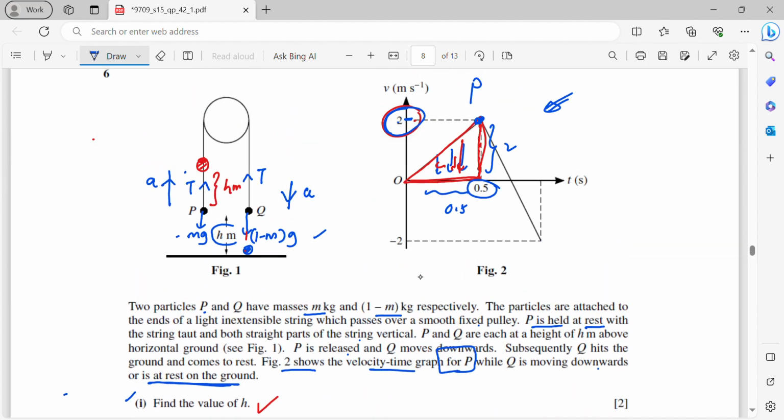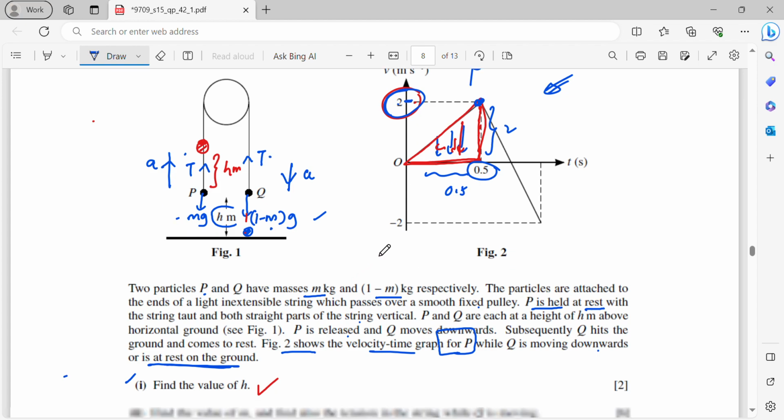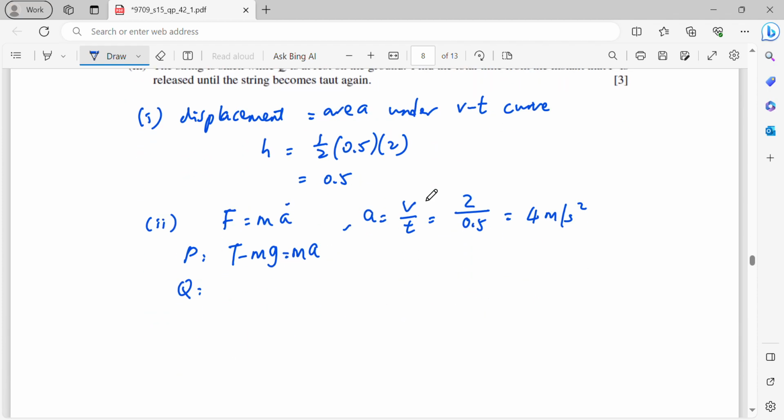That means (1 minus m) times g minus T equals (1 minus m) times a, because the mass of Q is 1 minus m. I have found the a.